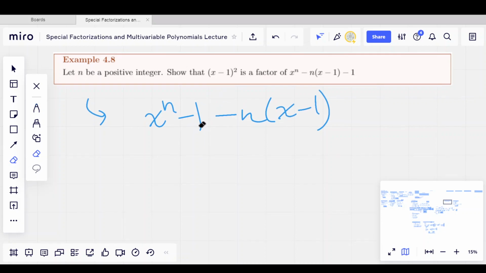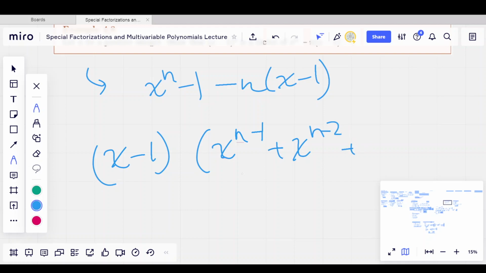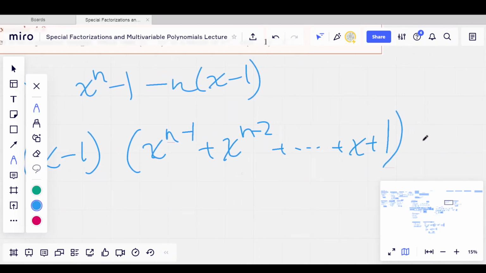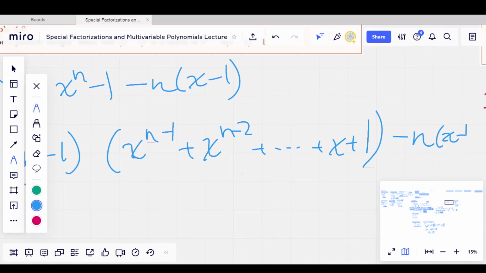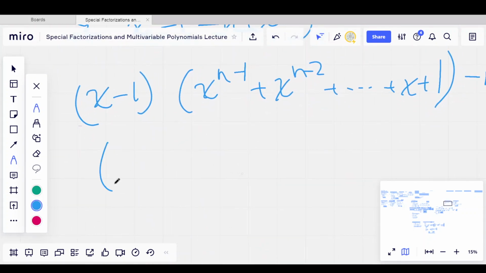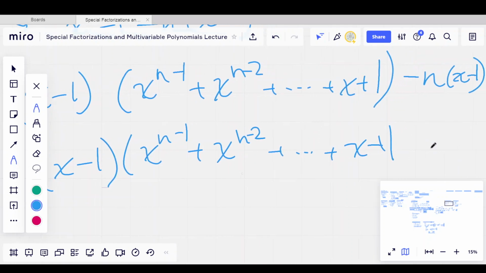So we can factor it as x minus 1 times x to the n minus 1 plus x to the n minus 2 plus dot dot dot plus x plus 1, minus n times x minus 1. And then we can factor an x minus 1 out of this whole thing, which gives us x minus 1 times x to the n minus 1 plus x to the n minus 2 plus dot dot dot plus x plus 1 minus n.